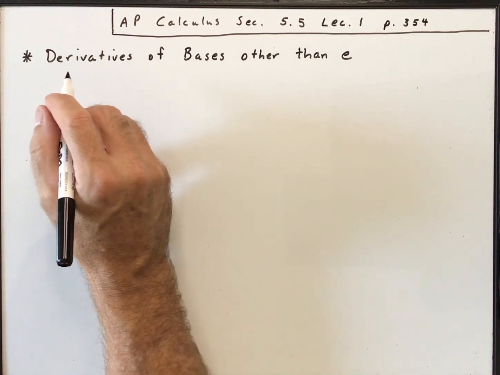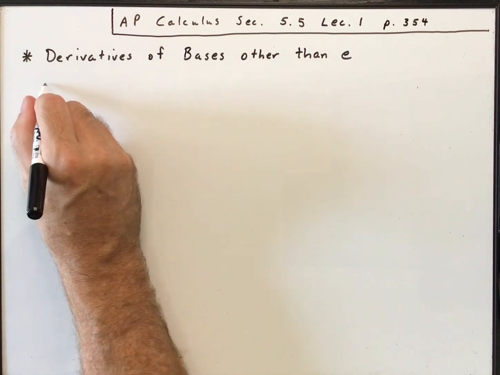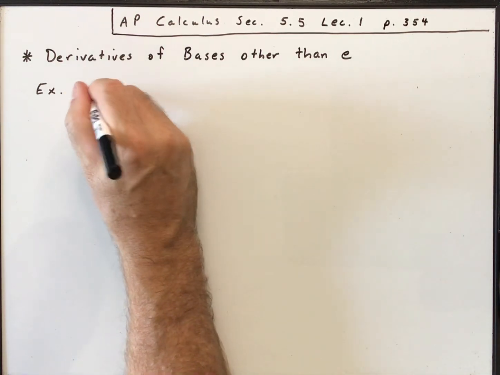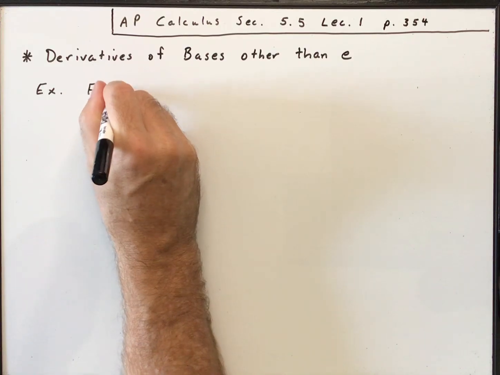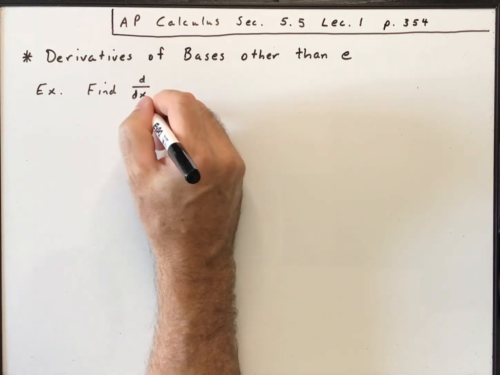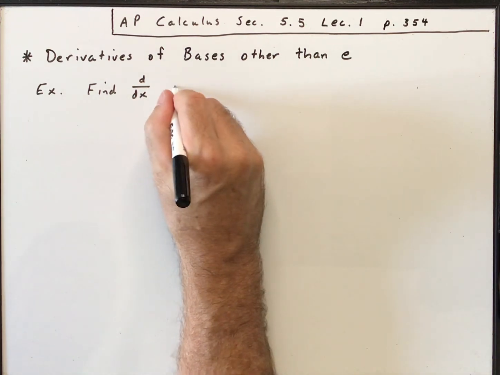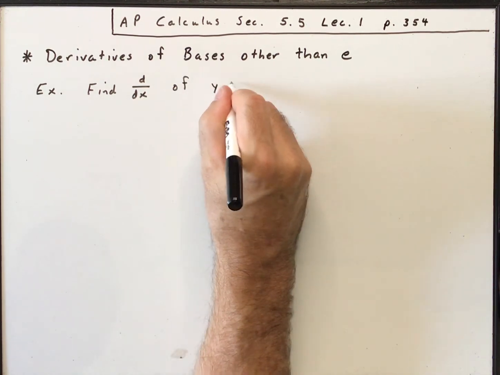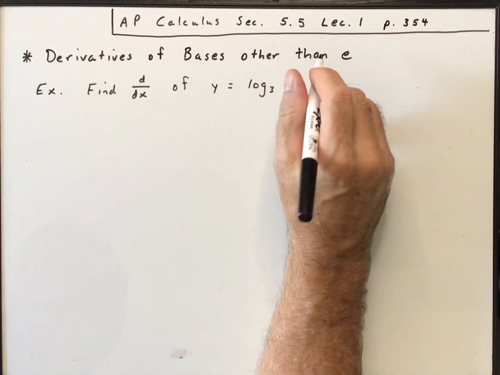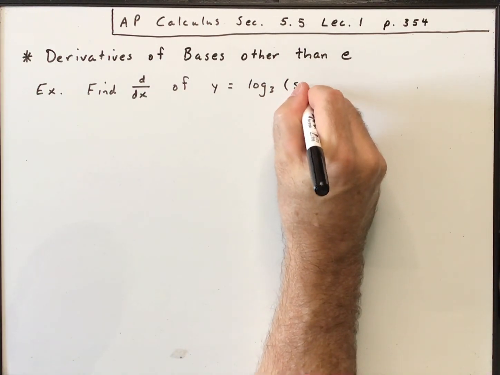Okay, so let's do another example, a little fancier one. Let's find the derivative. This time we'll write it as d over dx. So take the derivative with respect to x of y is equal to log base 3 of sine squared x.